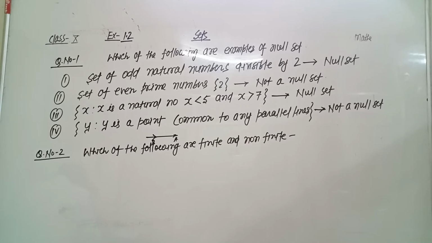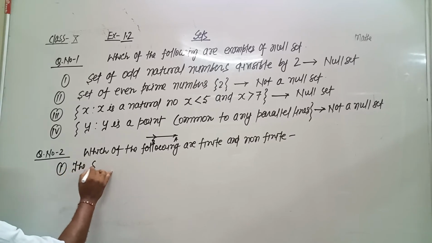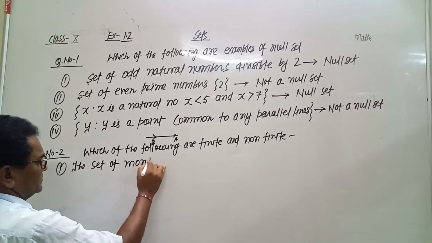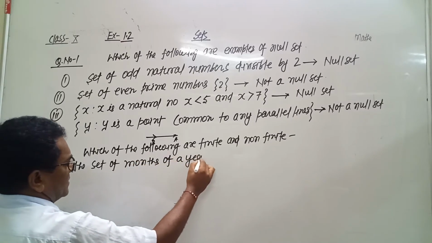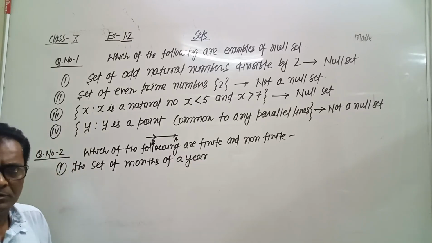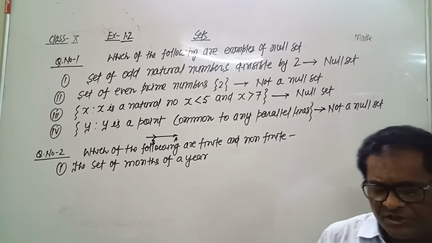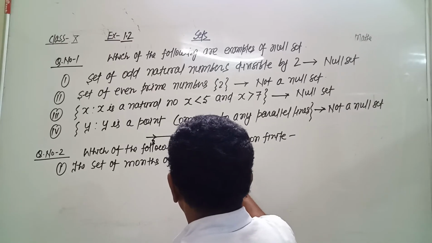Example, the set of months of a year. First part is the set of months of a year. So we know that there are 12 months in a year, which is countable. So this is a finite set.